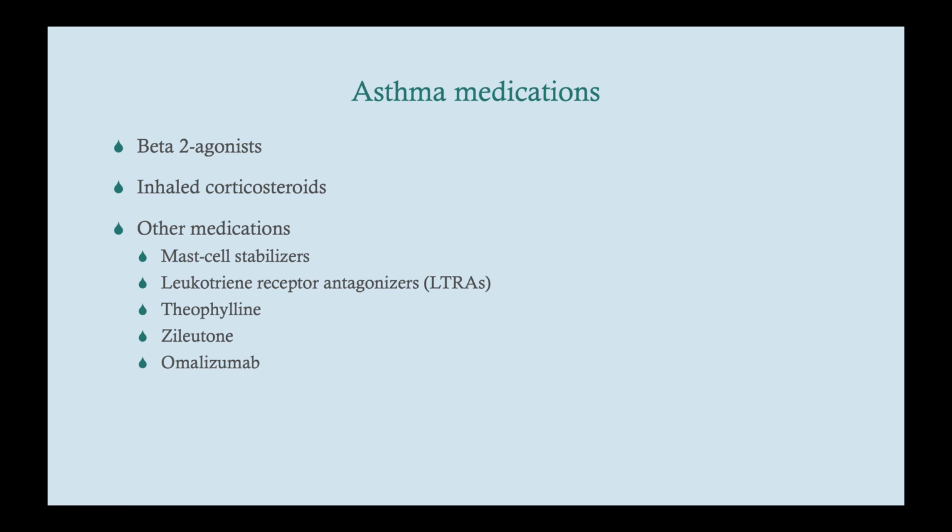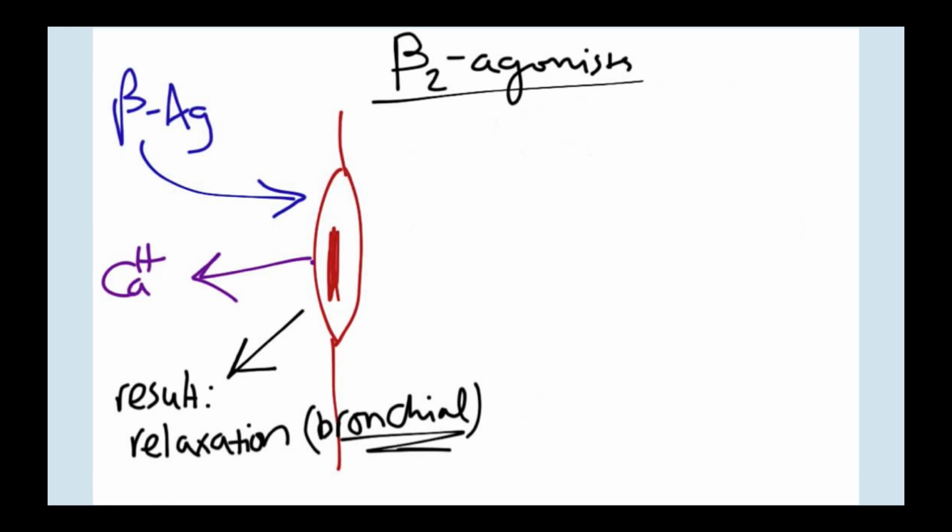Okay. So let's move on here. Okay, so how do beta agonists work? Well, remember that beta agonists just work on those beta receptors, and there is an entire biochemical cascade. If you're taking step 1, go look that up because you need to know that.